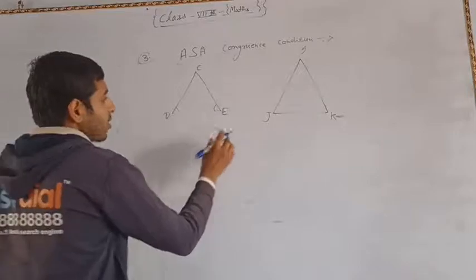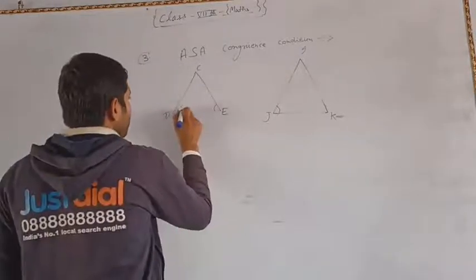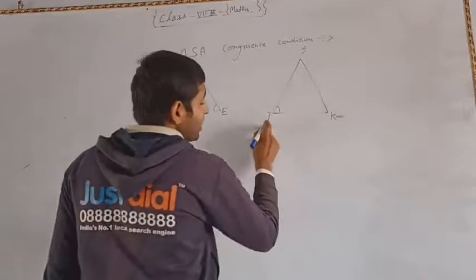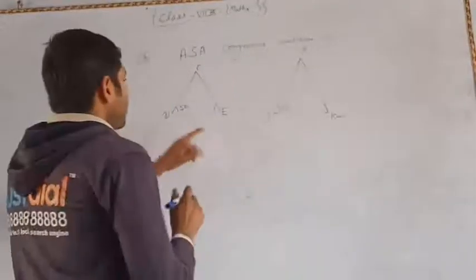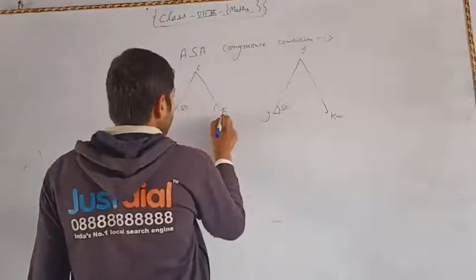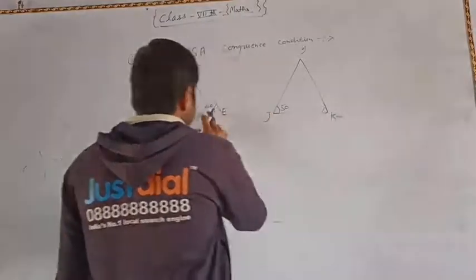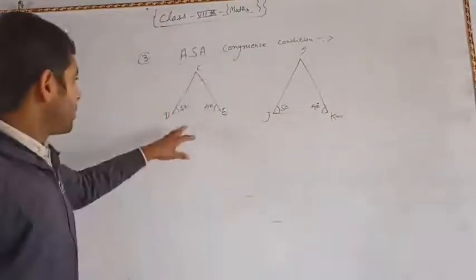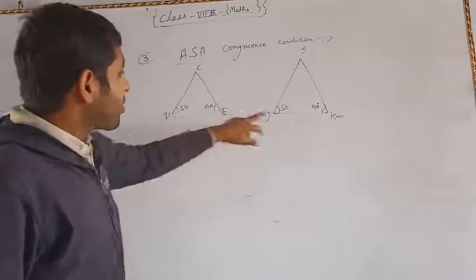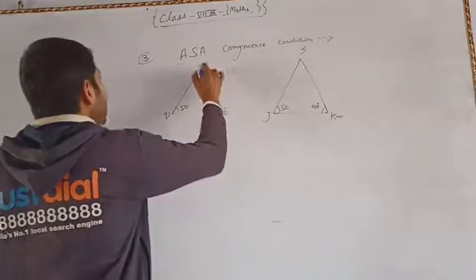so this angle D corresponding to this angle J. Okay, so if this is 50 degree, then also this angle J should be 50 degree, must be 50 degree. And again here if angle E is equal to 40 degree, then also angle K should be 40 degree. Okay, so you can see here that the corresponding two angles are same, and one side same.